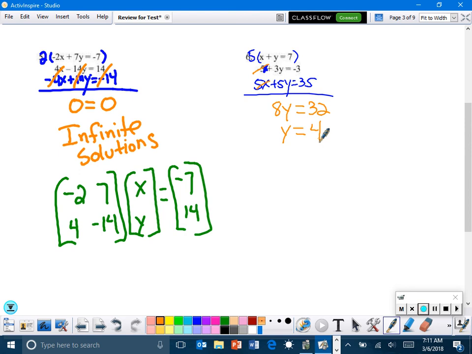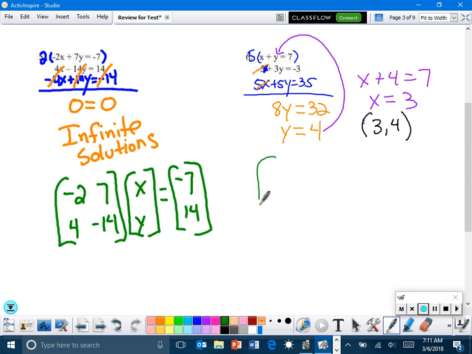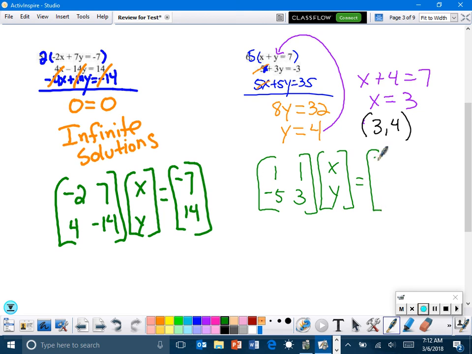Okay, I'm going to plug that back into the top equation. So I've got x plus 4 equals 7. Well, that's pretty easy. Subtract 4, x equals 3. So my solution is 3, 4. Okay, the matrix: 1, 1, negative 5, 3, 7, negative 3.